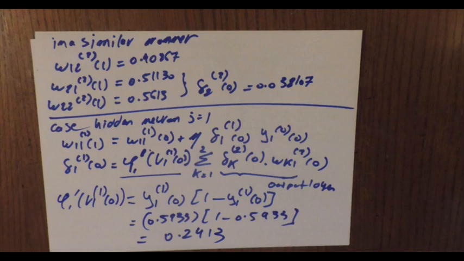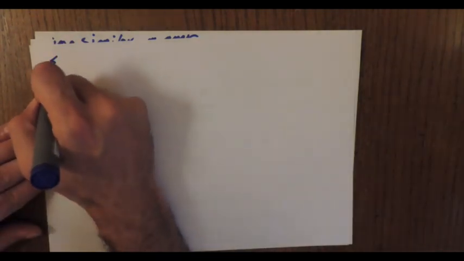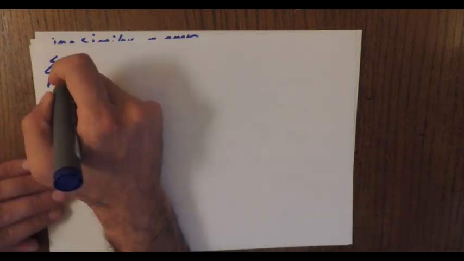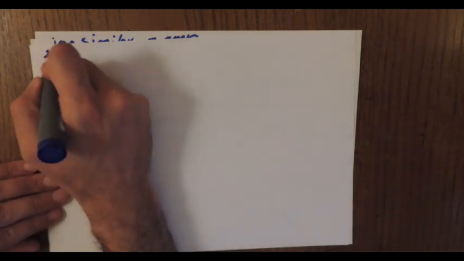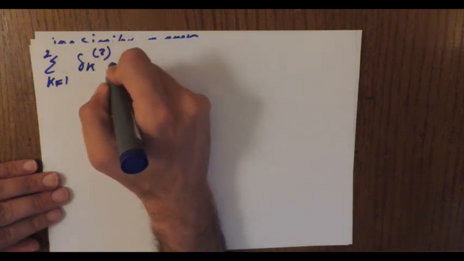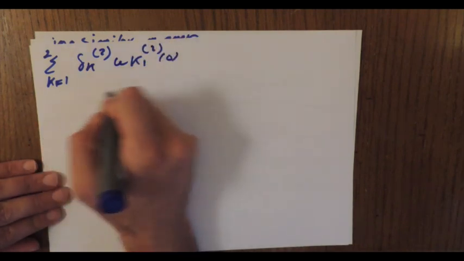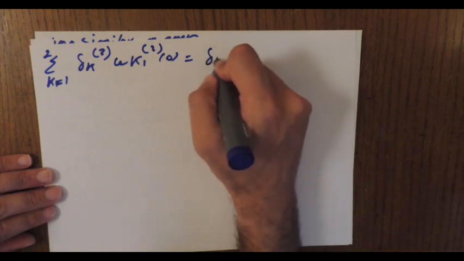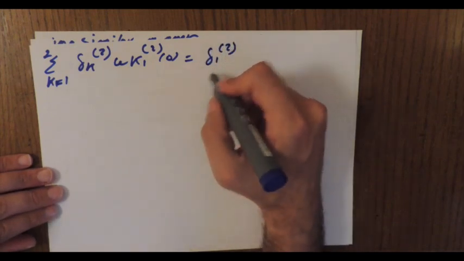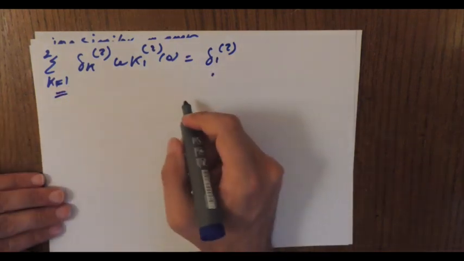So we calculated the derivative of the activation function at the first hidden neuron. Now I need to calculate the summation. So what do we mean by summation? It's going to be equal to the summation, k equal 1 to 2, which is the number of outputs, of the local gradient times wk1 of 2 of 0. So this will be equal to the first local gradient for k equal 1. Remember, k starts from 1, not from 0.